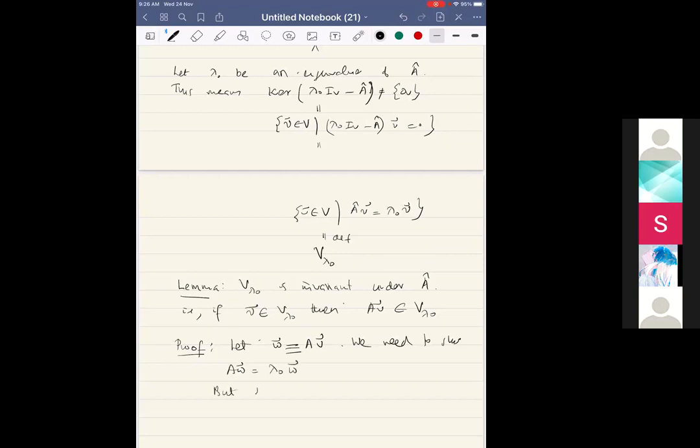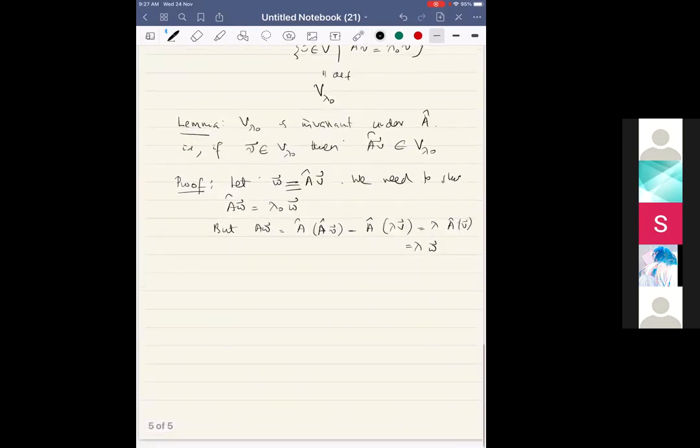But AW is A of AB, which is, I keep forgetting, hats everywhere, A hat of lambda V, which is lambda of A hat V, which is lambda of W. So that's a proof of the lemma.